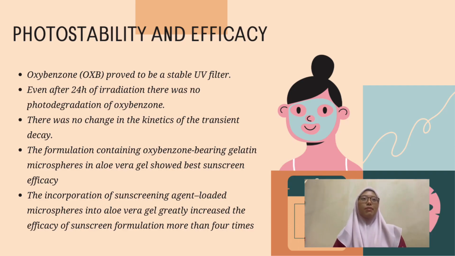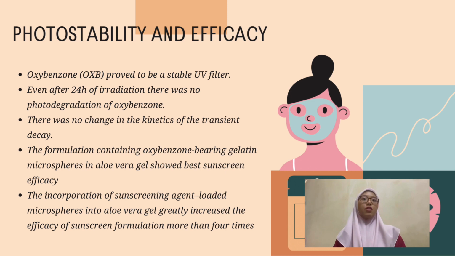Moving on to photostability and efficiency of oxybenzone in sunscreen. What is photostability? Photostability is the resistance to change induced by ultraviolet radiation. Oxybenzone proved to be a stable UV filter. Based on the NLFP experiment in which MET was used as a quencher, there was no change in the kinetics of transition decay, and even after 24 hours of irradiation, there was no photodegradation of oxybenzone.